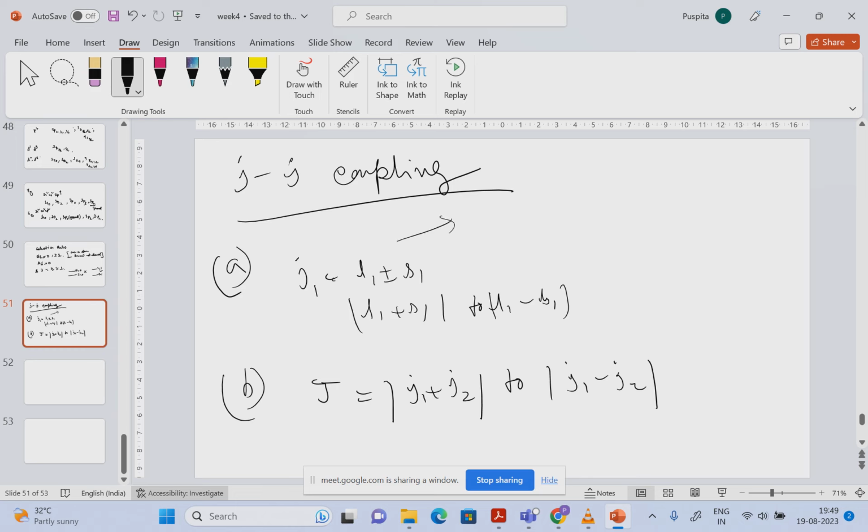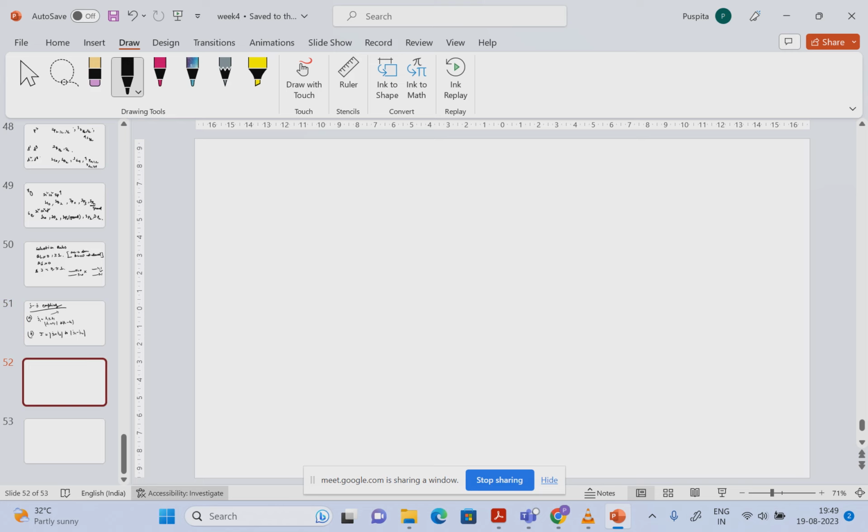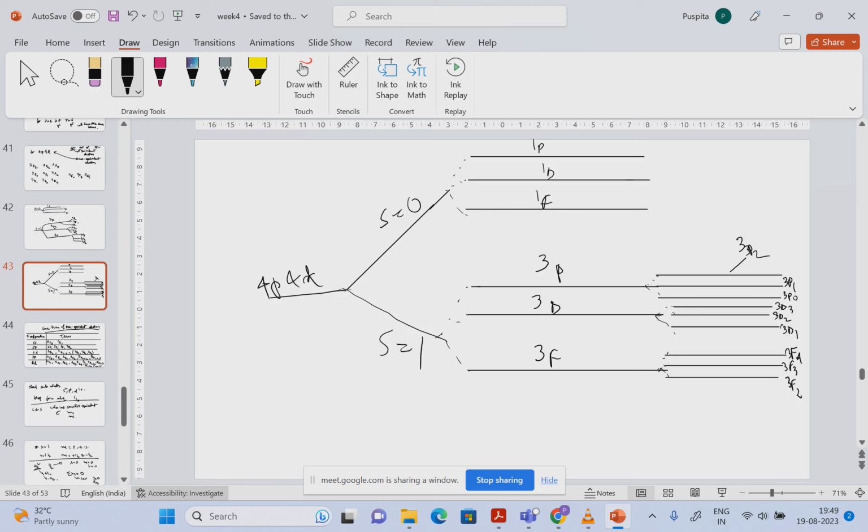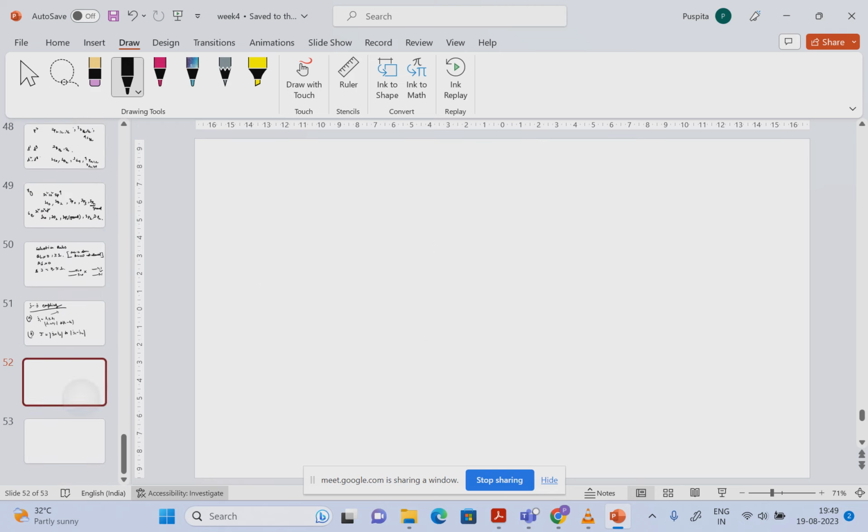That means in the atoms, spin-orbit coupling happens first, then those j's couple. Same, like for example 4P and 4D.